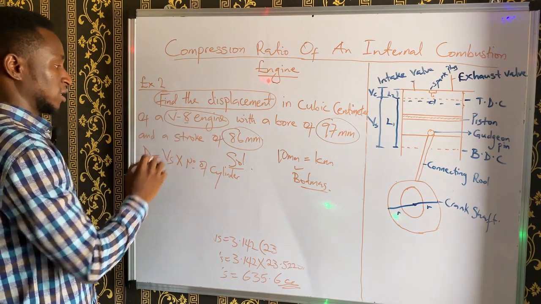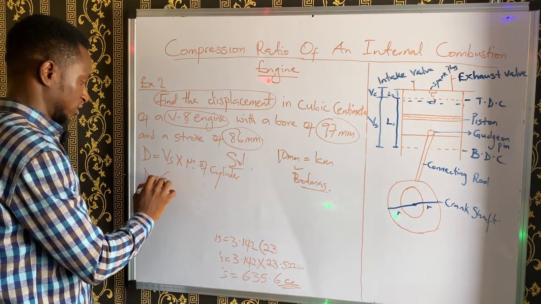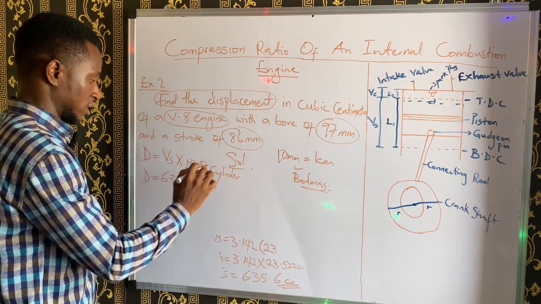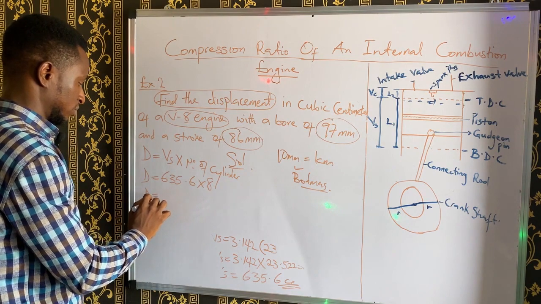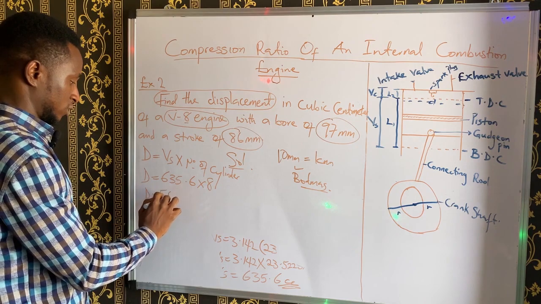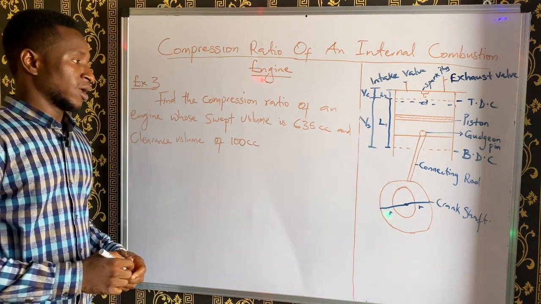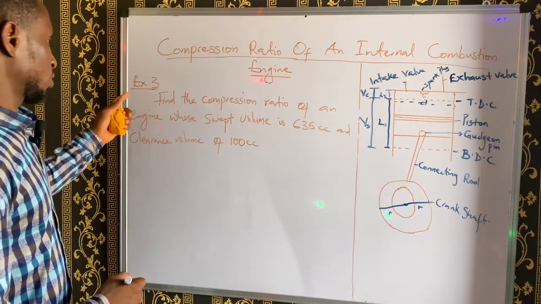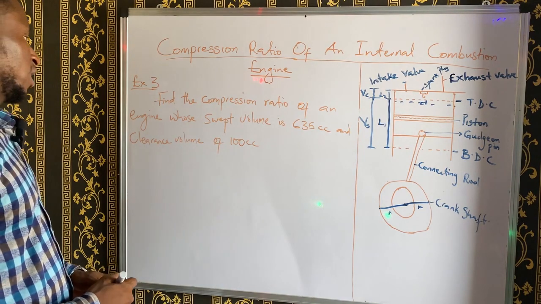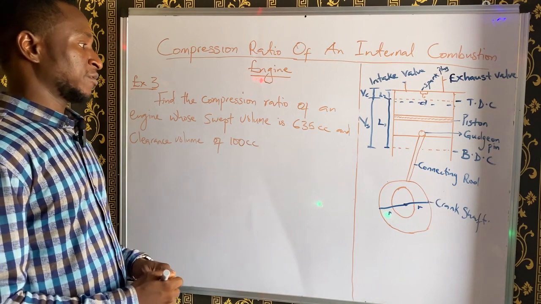So we have our displacement equal to 635.6 multiplied by 8, and our displacement equals 5,084 cubic centimeters.